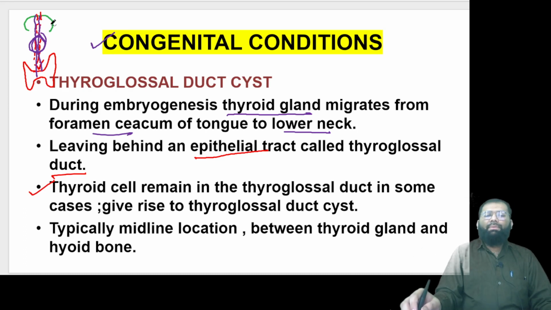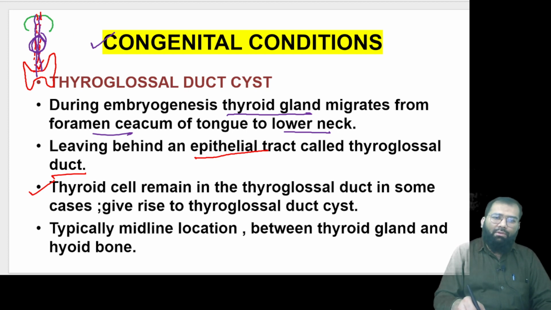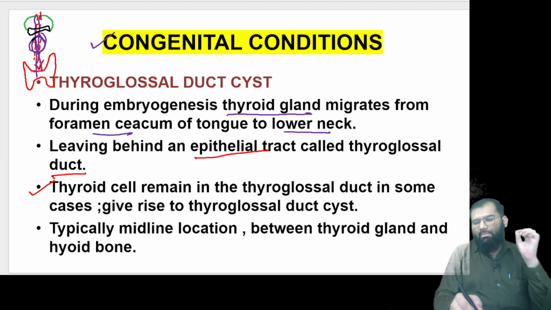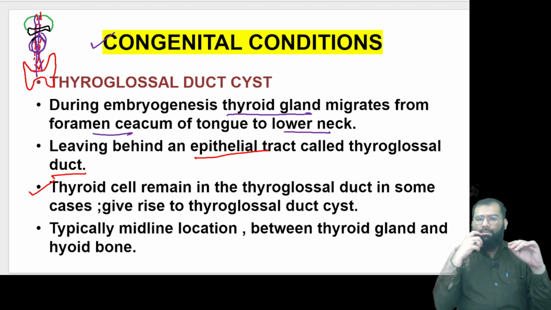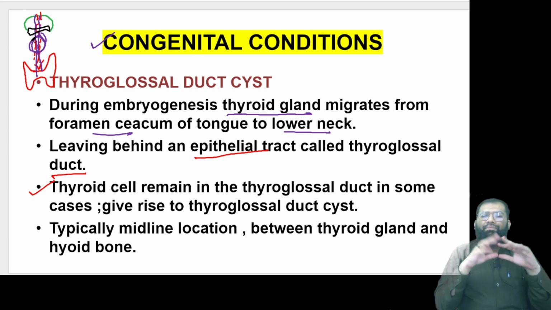So it has to be typically in midline between thyroid bone and hyoid bone. So in between them there is a hyoid bone here. Okay, between thyroid and hyoid there is a midline swelling. How do you confirm that this is a thyroglossal cyst? Simple. There is a tongue protruding sign. So you ask the patient to open his mouth and protrude the tongue.